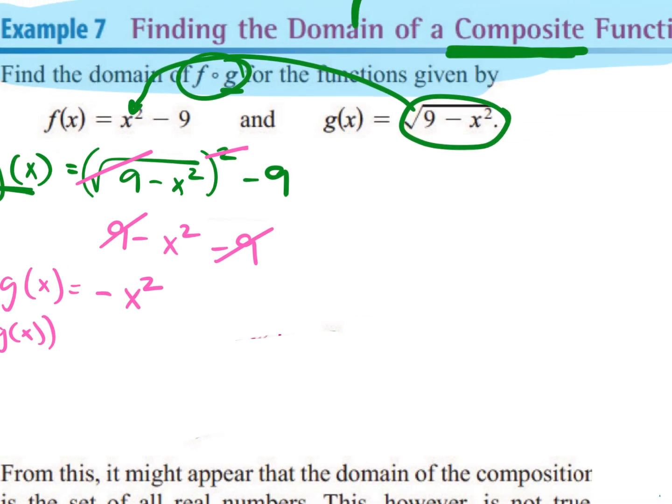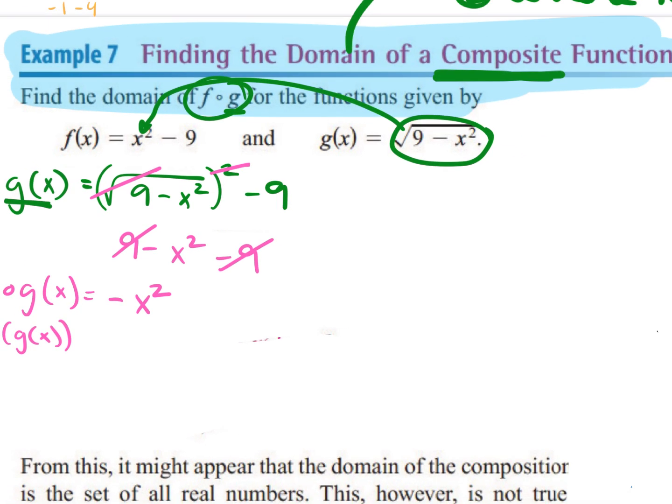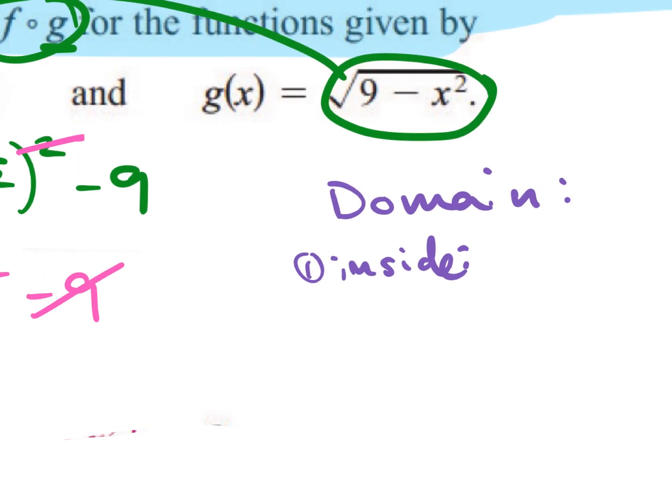Now let's find our domain. For our domain, we got to check 2 things: domain of the inside and domain of the whole thing. So which was our inside function? G. So we got to check the inside. Now our domain of g, we have the square root. So what can we not have under a square root?